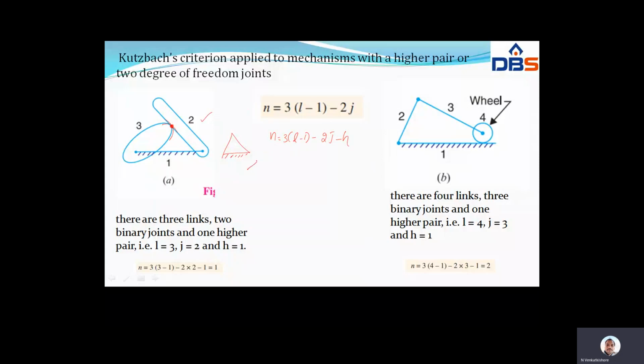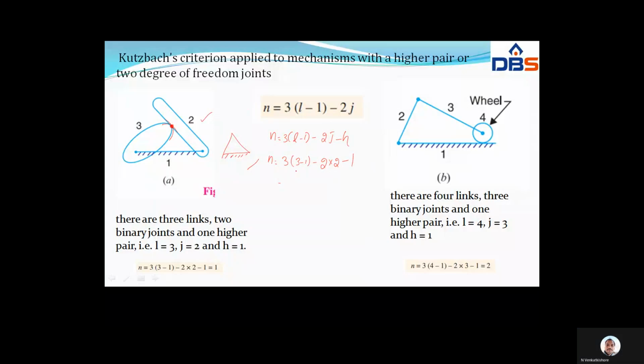So substitute for that: n is equals to 3 into number of links as 3 minus 1, number of joints it has 2, minus higher pair is only 1.